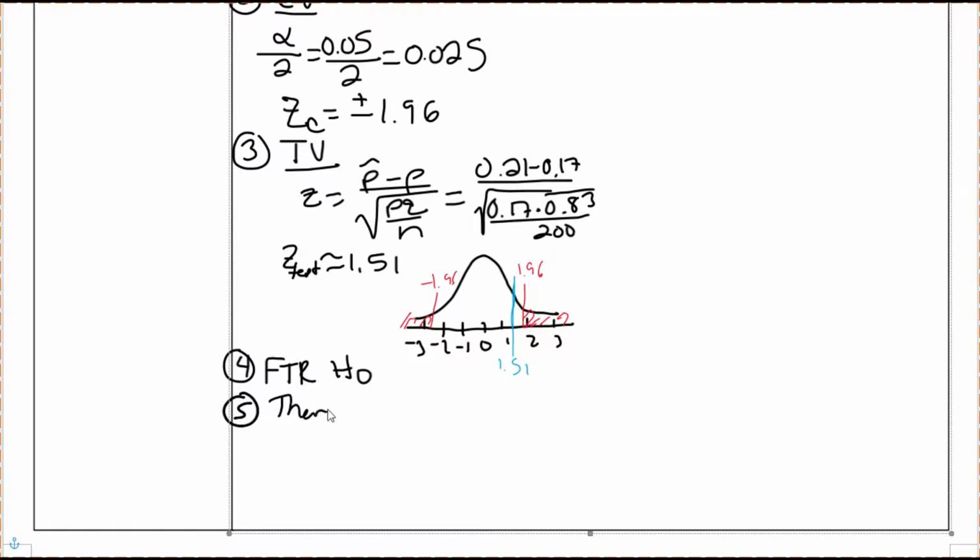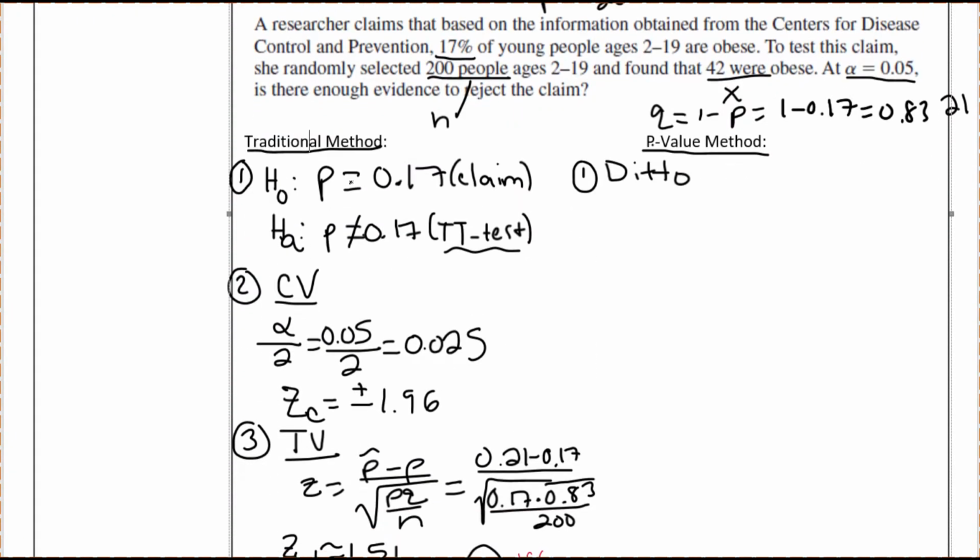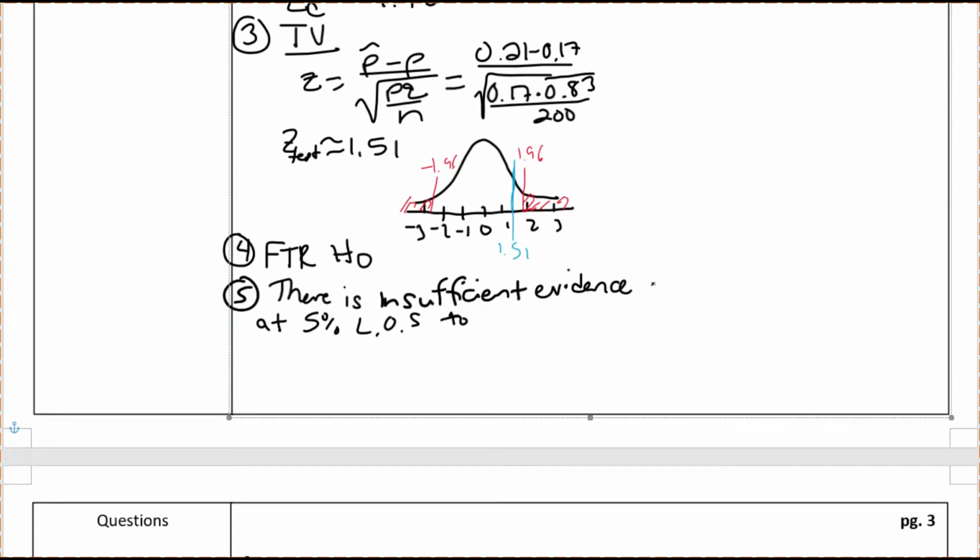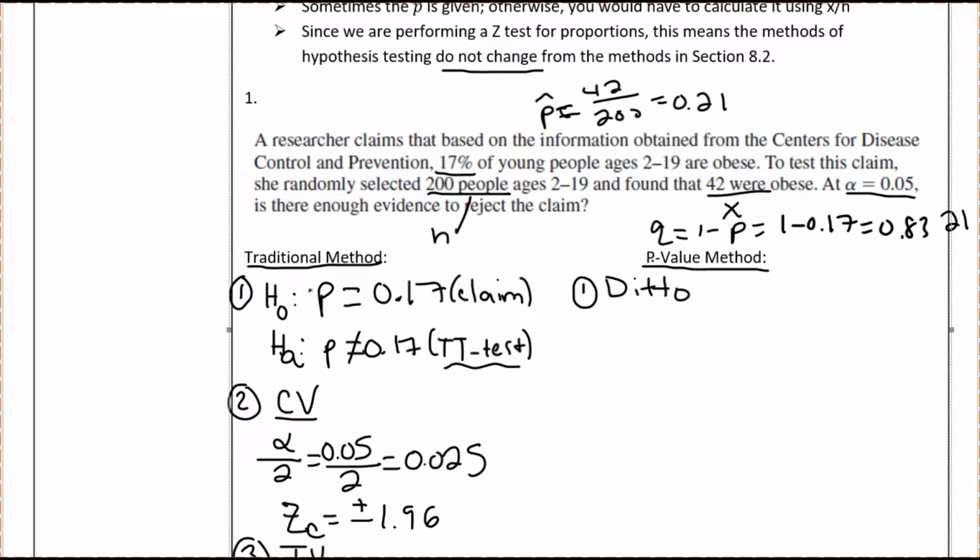So there is insufficient evidence at the 5% level of significance to, now our claim belongs to our H0, which means we're going to say reject here, to reject the claim that, and then if you recall, the claim was that 17% of young people 2 through 19 are obese.